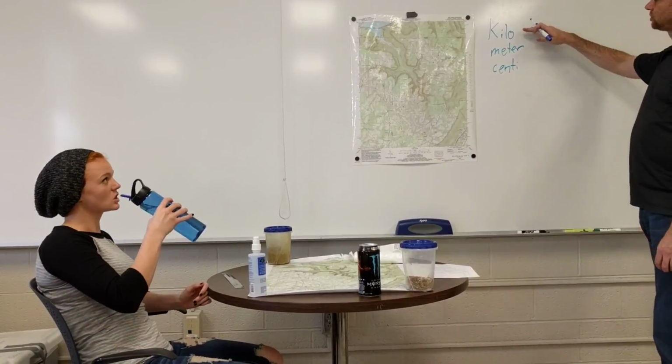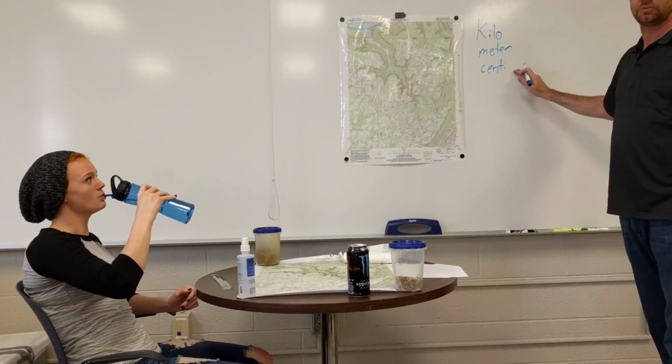So I think that if we start out in the metric system, everybody should know that we have a base 10 where we have kilometers, meters, centimeters, and millimeters. For our purposes, the only units that we're really going to use are kilometers, meters, and centimeters.